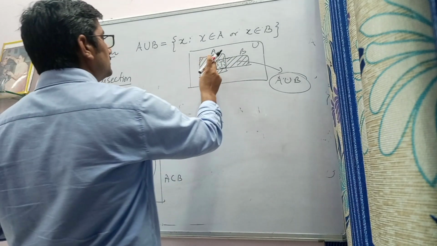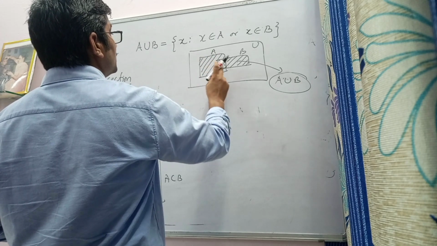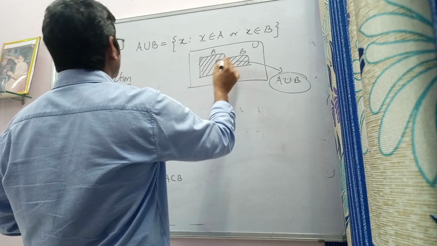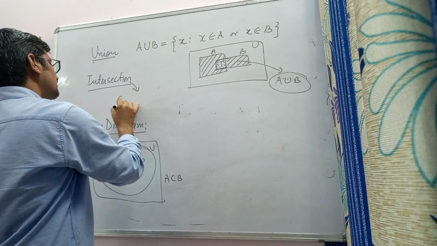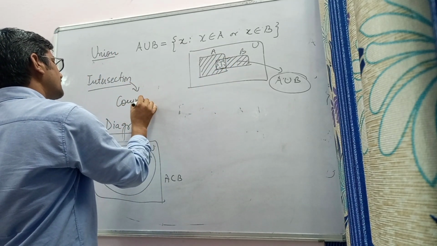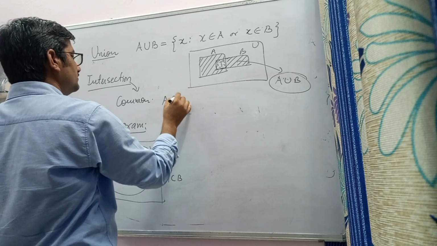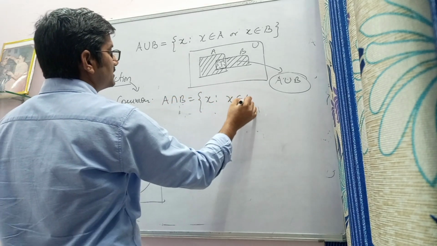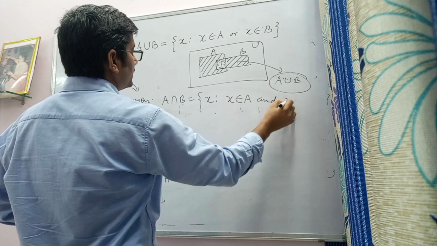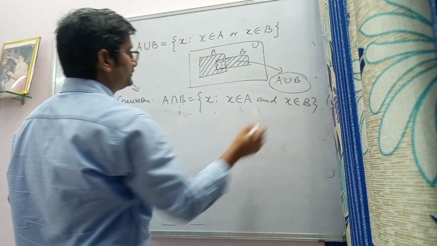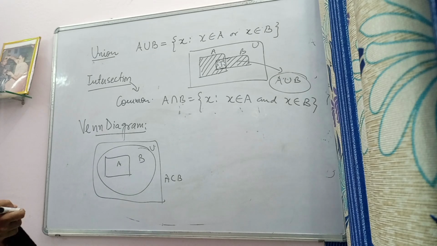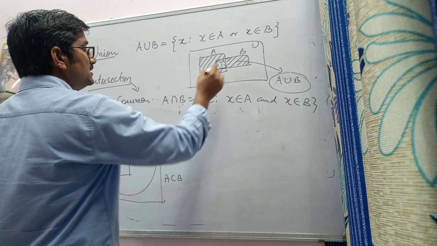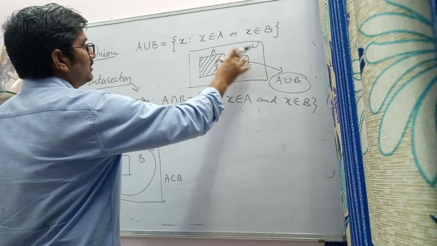One portion is in A but not in A intersection B. Another portion is in both, the intersection, meaning common. A intersection B contains all elements such that x is in A and x is in B. So these are the common elements, and we have to cover all the elements.